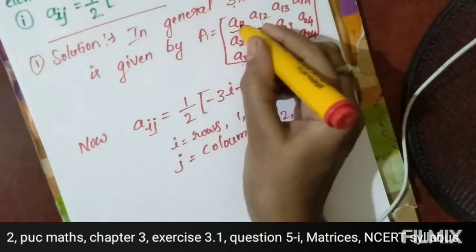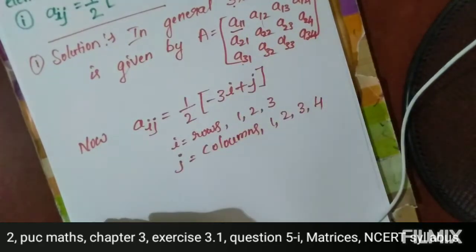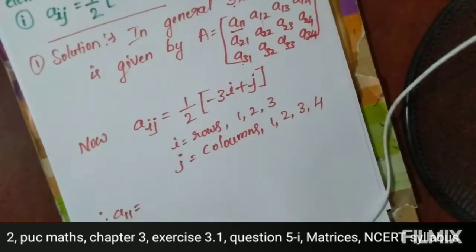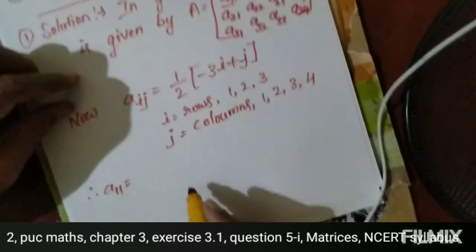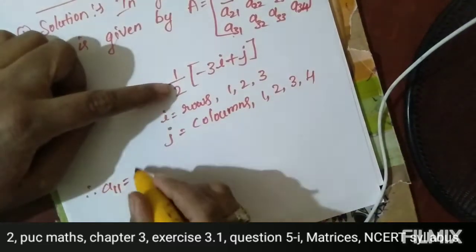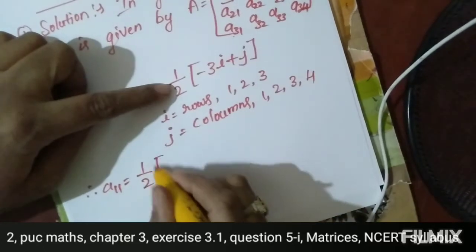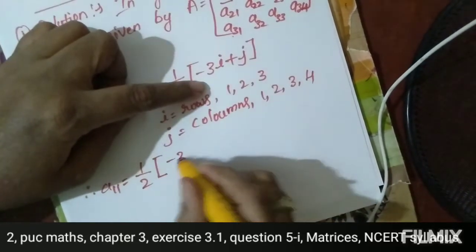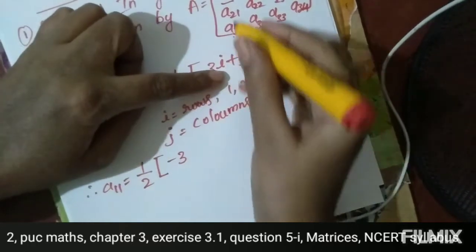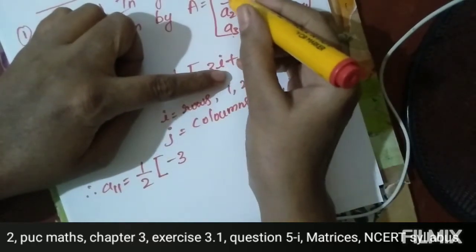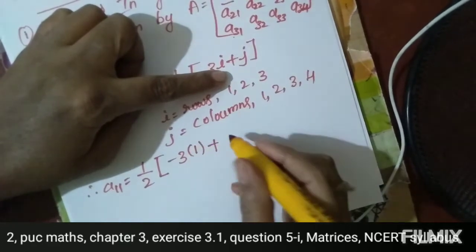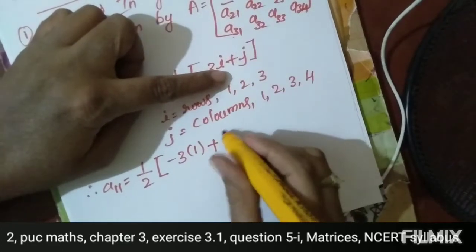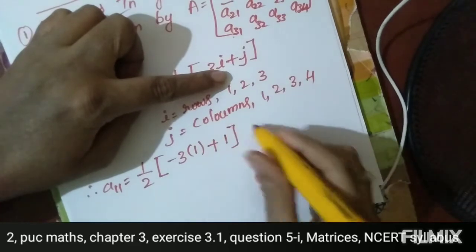First we take this A11. Therefore A11 = 1/2 |−3i + j|, where i means first row, plus j is first column, like this.